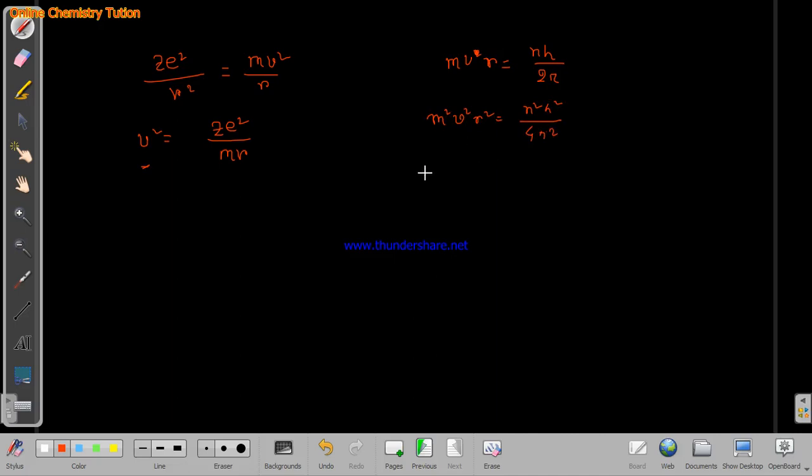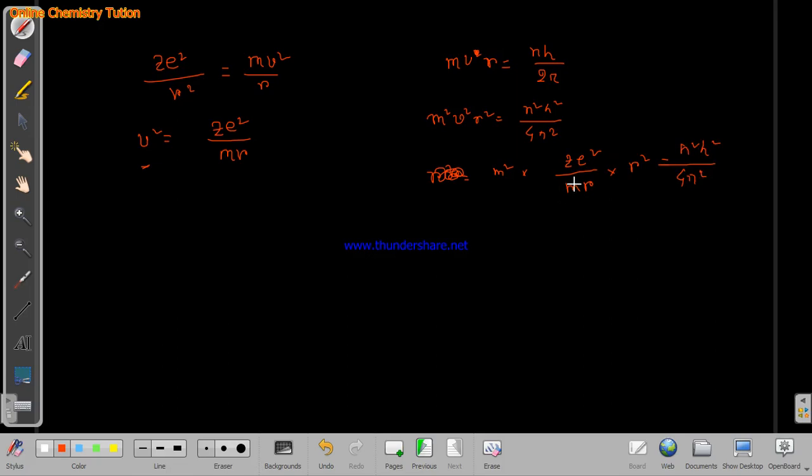So the value of m square into v square means Ze square by mr into r square equals n square h square by 4 pi square.